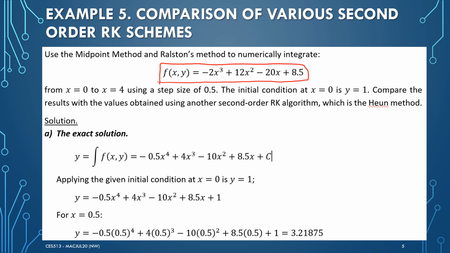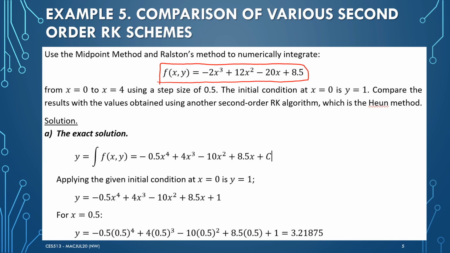The initial condition is y equal to 1 at x equal to 0. Compare the result with the values obtained using another second order Runge-Kutta algorithm, which is Heun's method. For the solution, part A is the exact solution, where you can directly integrate the function of x and y.